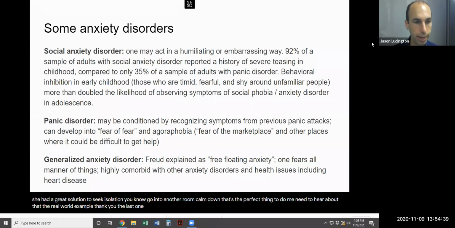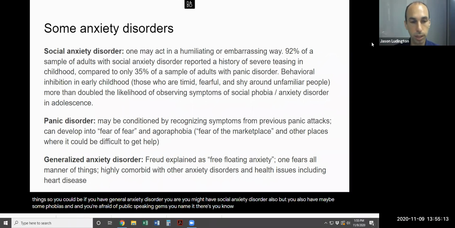The last one, general anxiety disorder. Freud explained it as free-floating anxiety. One fears all manner of things. If you have general anxiety disorder, you might have social anxiety disorder also, but you also have maybe some phobias and you're afraid of public speaking, of public restrooms, you name it.